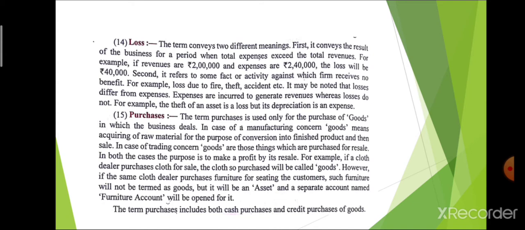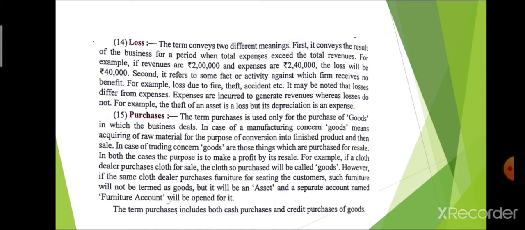Here cost price is greater than the selling price. So the difference between expense minus revenue is treated as loss.